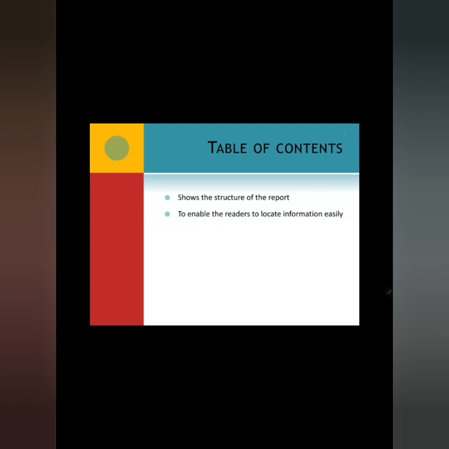Table of contents. For table of content, it is basically to show the structure of the report and to make sure that the readers can locate the information easily. So let's look at the sample.